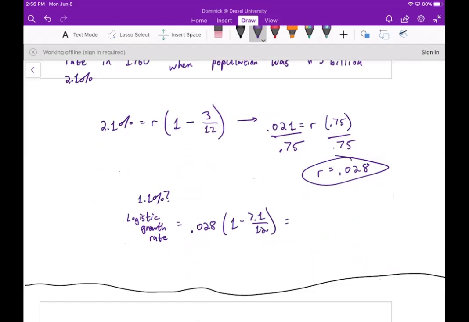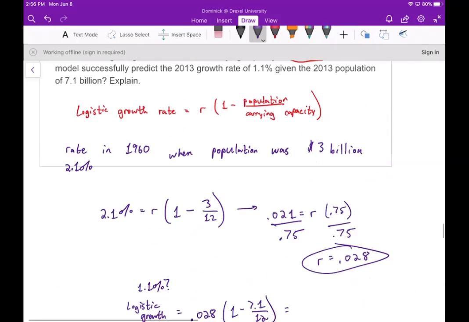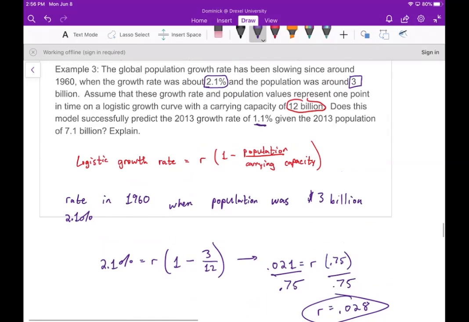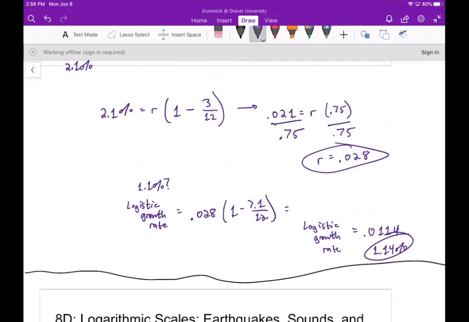If we punch this into the calculator, 0.028 times 1 minus 7.1 over 12, we get that our logistic growth rate is 0.0114, which is 1.14%. So in this case, it gives us a growth rate that's pretty close to what we would expect. We expected 1.1%, we got 1.14, which if we were to round would be exactly what we wanted.